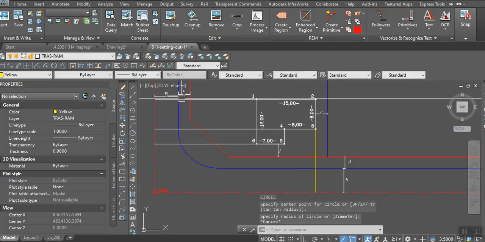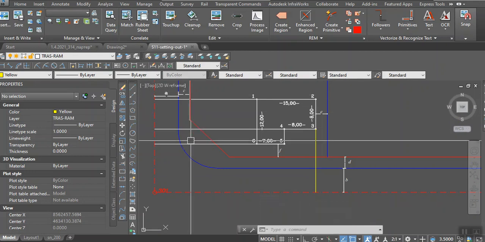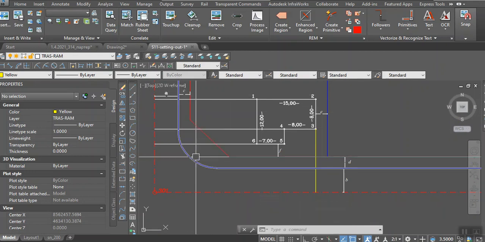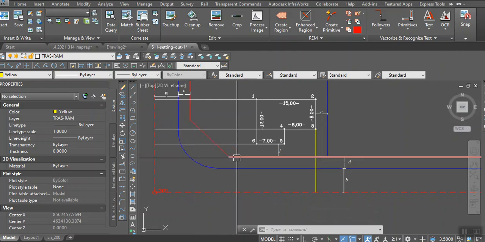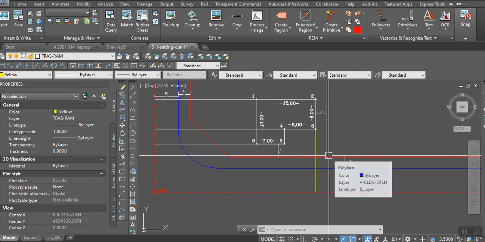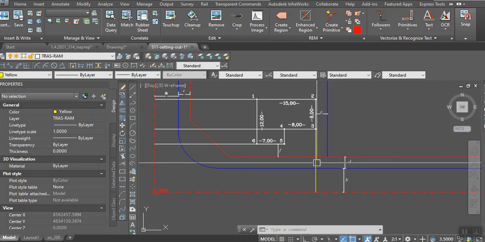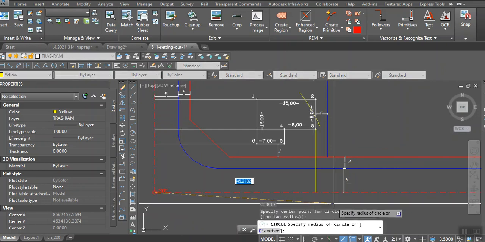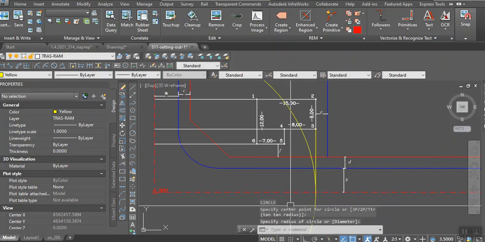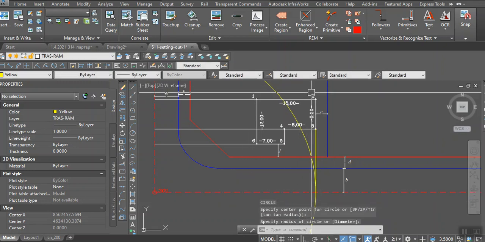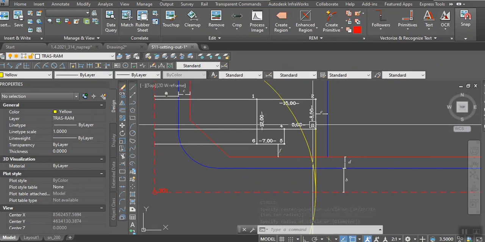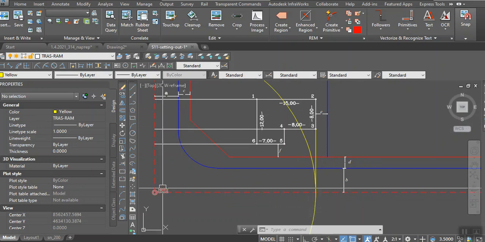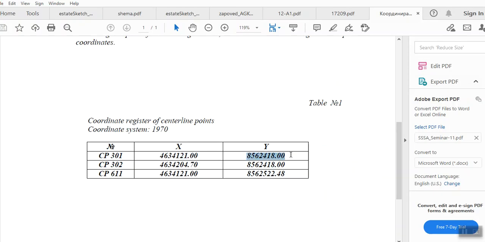It is a plus c plus 10 meters, this side here from this triangle, plus 25 meters, but now we are here, and minus e, and this is the distance from our certain line point to the end of the perpendicular line. So finally, to calculate the coordinate y of these 2 points, it is going to be the coordinate y of our certain line point, which is this value here.